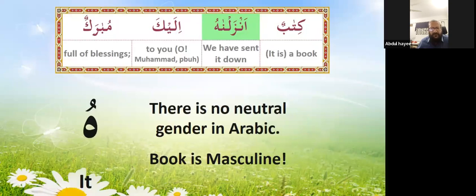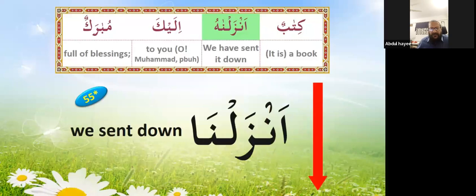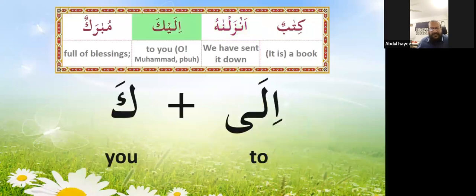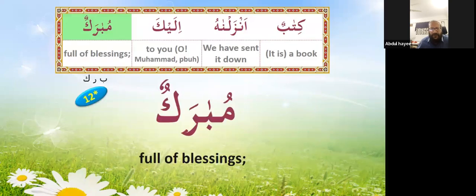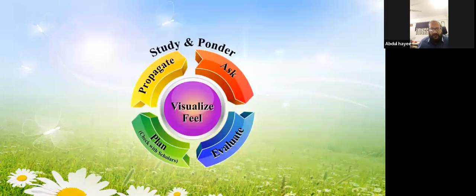Anzalna, we sent down; ilayka, two parts: ila means to, ka means you, the Prophet. And Mubarak, as I told you, we say Eid Mubarak, let this Eid be a blessing. Mubarak means full of blessings. So Mubarak is an ism.